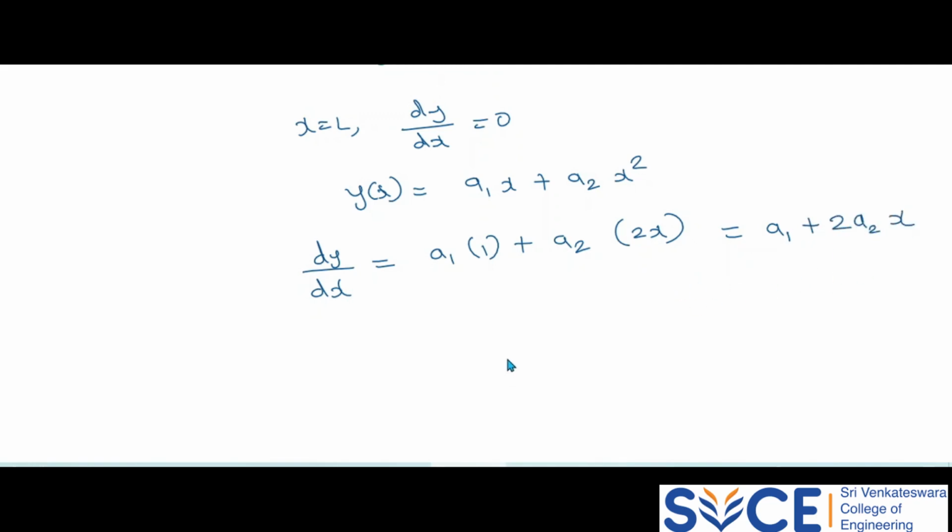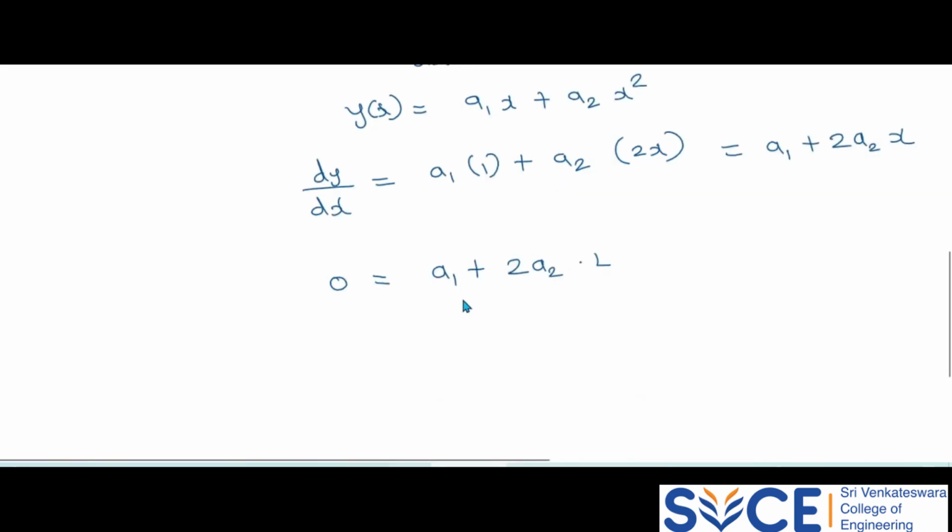Now let me apply x equal to L and dy by dx equal to 0. So dy by dx is 0 is equal to a1 plus 2a2 times L. Rearranging, I will get a1 is equal to minus 2a2L. This is my next equation.